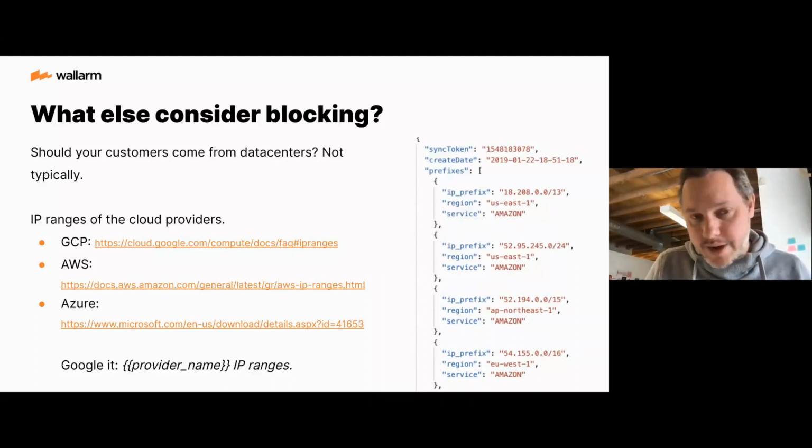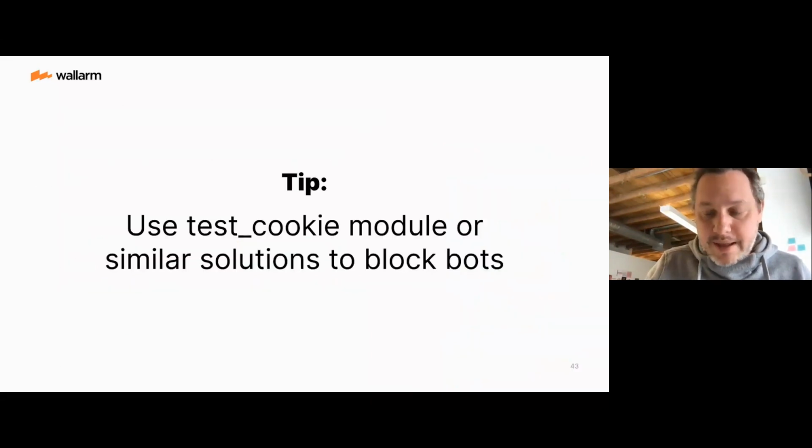All those cloud providers give you feeds of their IP addresses, so you can Google for that, for GCP, AWS, Azure. On the right side of the screen, you see this summary of the network subsets for Amazon. But basically, you can Google for the IP ranges for pretty much any provider out there and block all the traffic from the data centers.